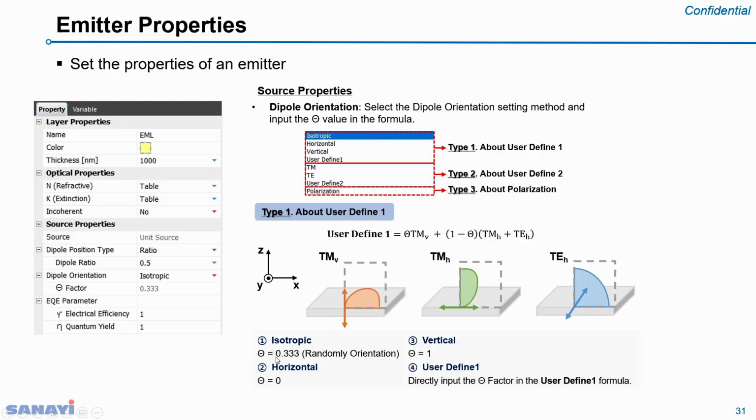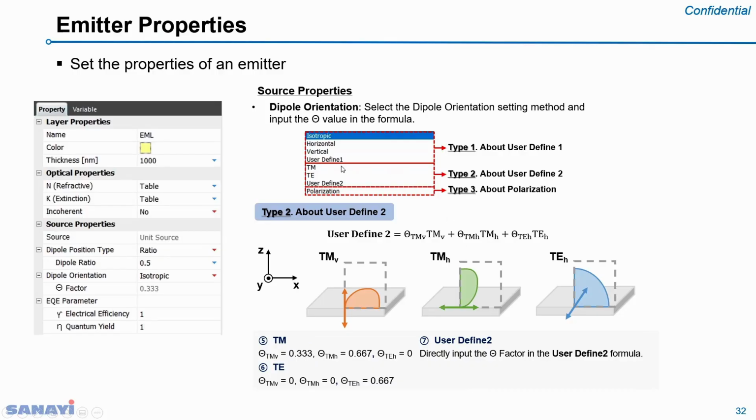When theta is 0.333, it is isotropic. When theta is 0, it is horizontal. And when theta is 1, it is vertical. If you want to enter the theta factor directly, choose user-defined 1 and then input the theta factors.